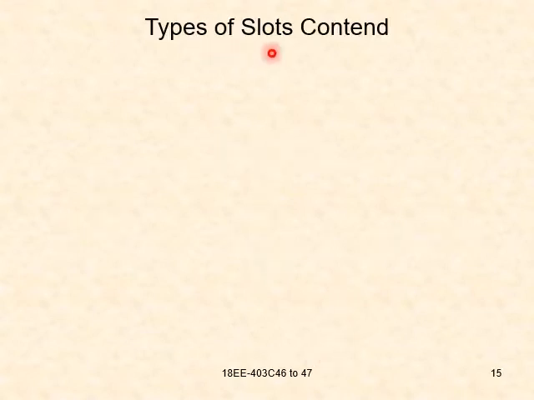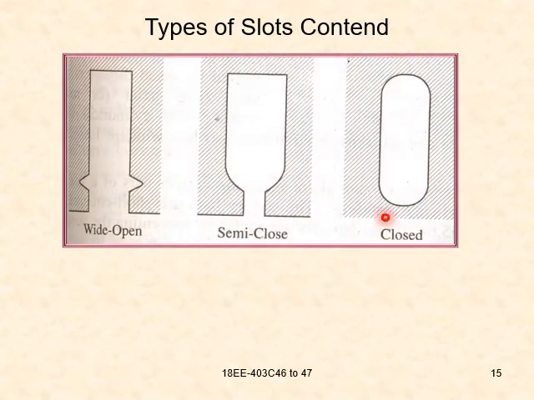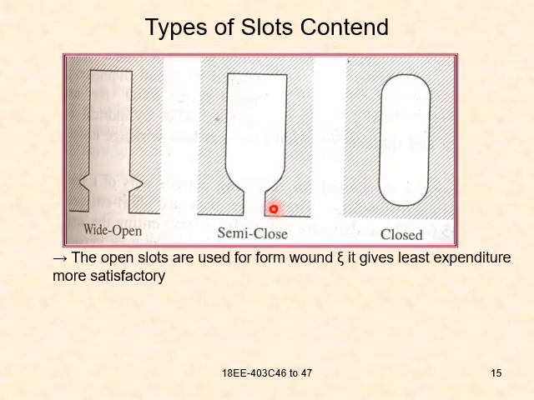And you can see the diagrams of the types of slots over here. This is an open type of slot, wide open, this is a semi-closed type of slot, and this is totally closed. Now you can see here the open slots are used for form wound coils, and it gives least expenditure and is more satisfactory.